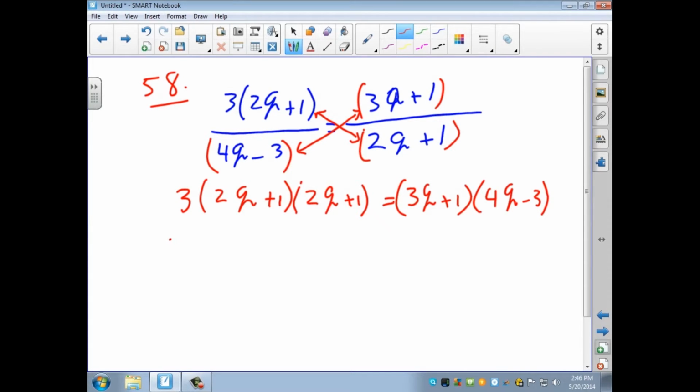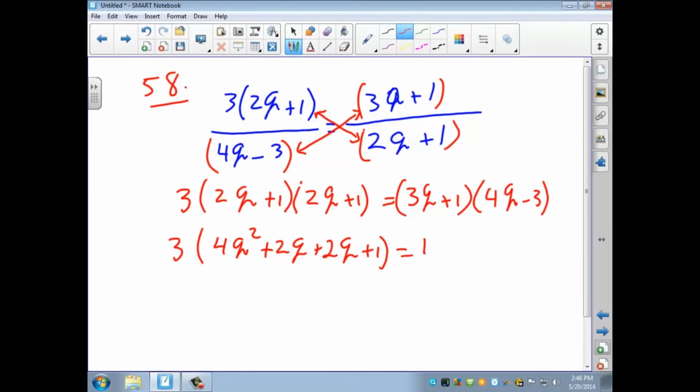When you multiply things together, this would be 4q squared plus 2q plus another 2q plus 1, close the parentheses. On this side you would have 12q squared minus 9q plus 4q minus 3.